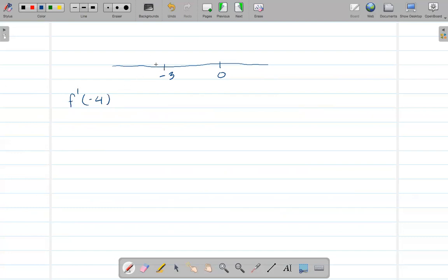Negative 4 is going to be in this region, and if you plug that in here, you'll get some negative number. You can do that by yourself, but you'll get a negative number. So that means this region is going to be negative.